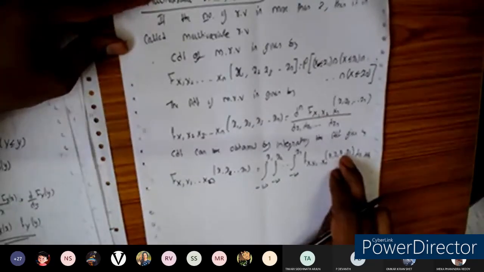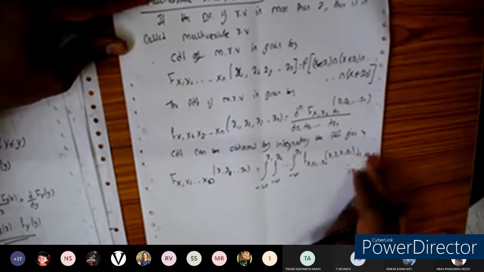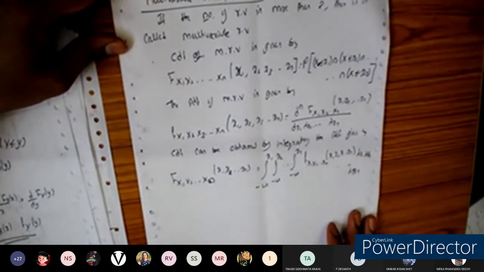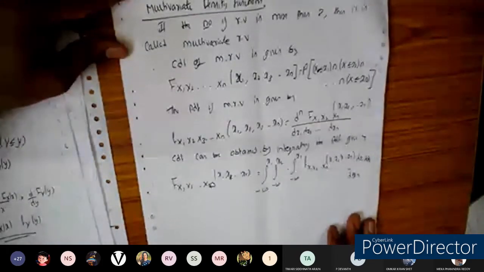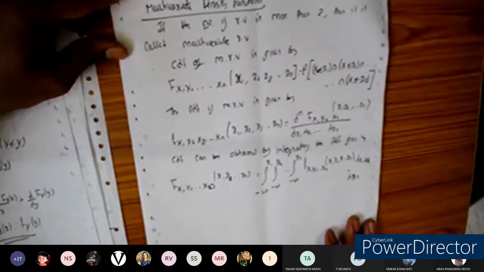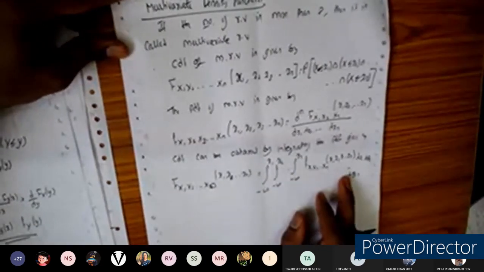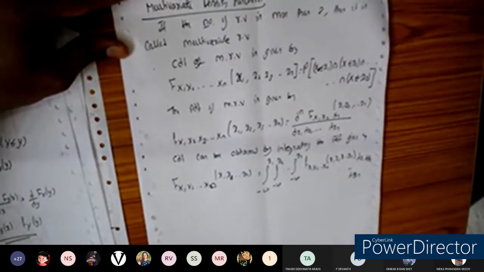Here we can also use other variables, u1, u2 up to un, no problem. This is how the CDF can be obtained by integrating the PDF.